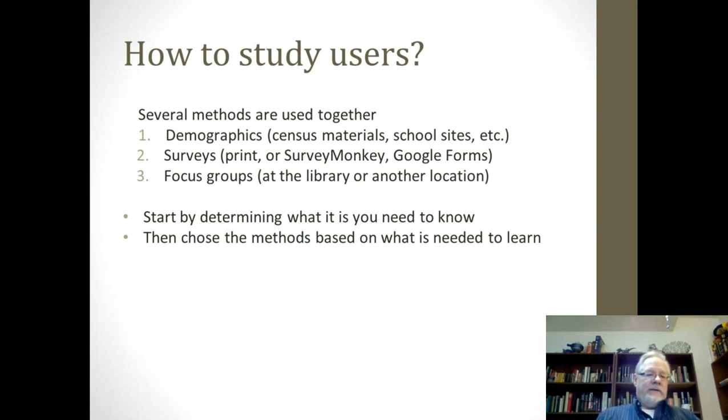I know one library did a survey using SurveyMonkey where they surveyed everybody for everything. It was a fairly massive survey to get a lot of answers. But then later, they wanted to know very specifically something about the catalog. Should we do this or that?